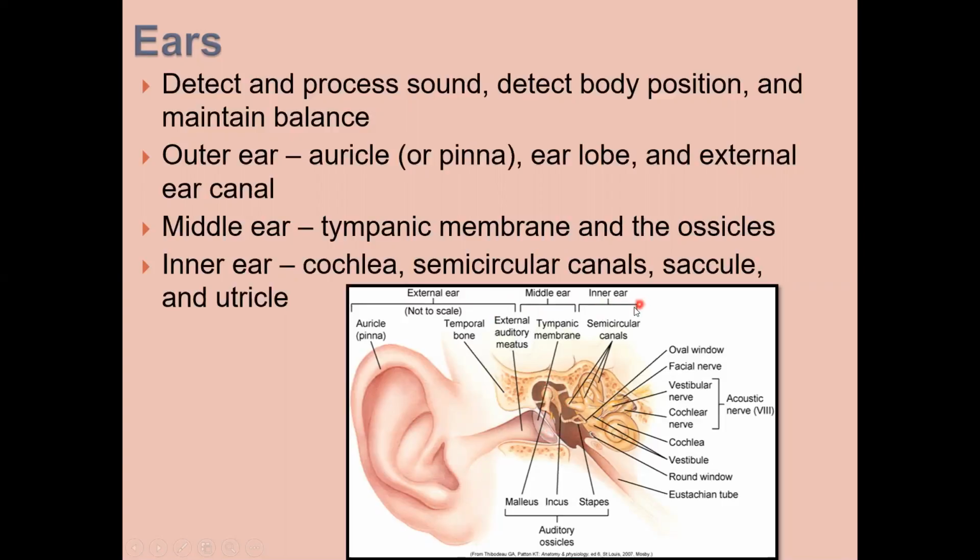The inner ear is the cochlea, the semicircular canals, and the saccule. They're not pictured here, but that's the external, middle, and inner ear.